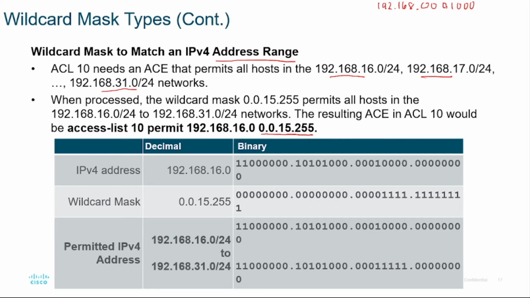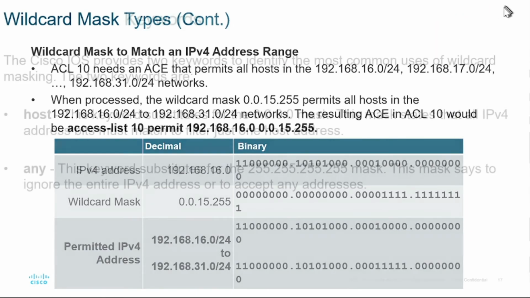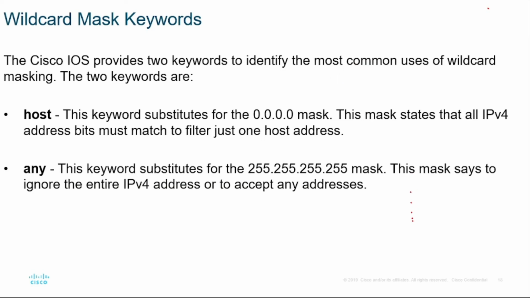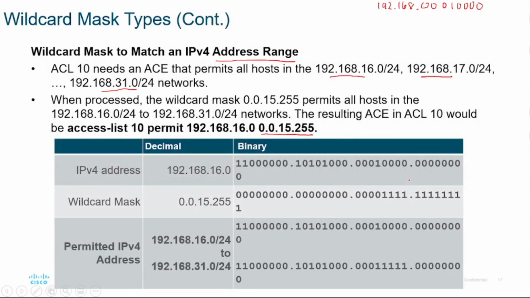So starting from that 16, if we're going to convert that one to binary: 128, 64, 32, 16, 8, 4, 2, 1. So this is 16, and then that 0 up to 0. Right?